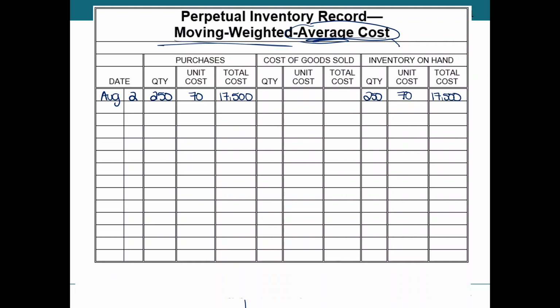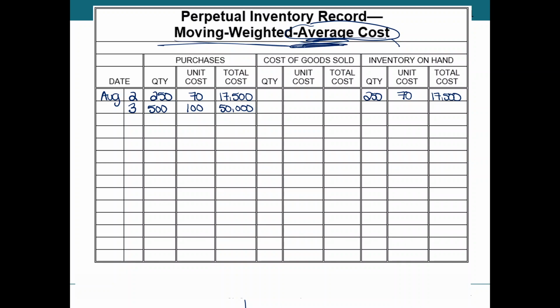Okay, so now on August 3rd, we have our second purchase. So we purchased 500 at $100 with a total cost of $50,000. So now we're using the average cost.